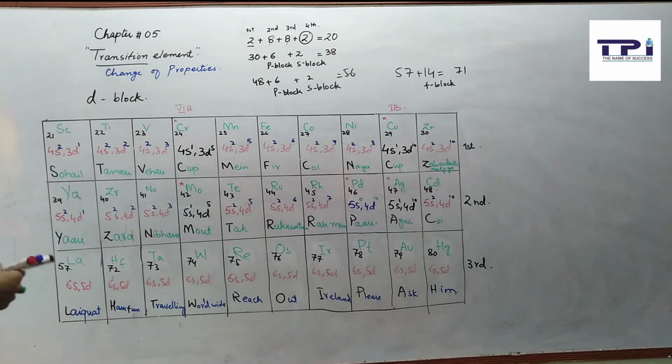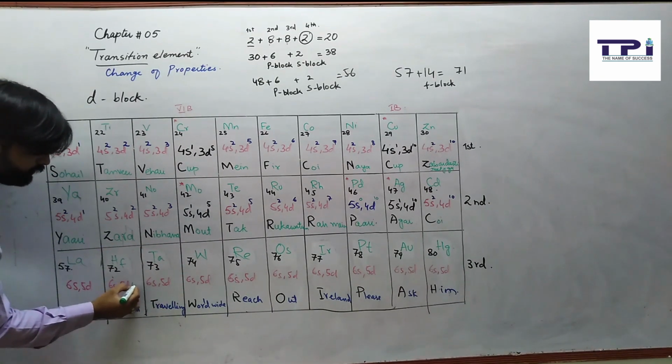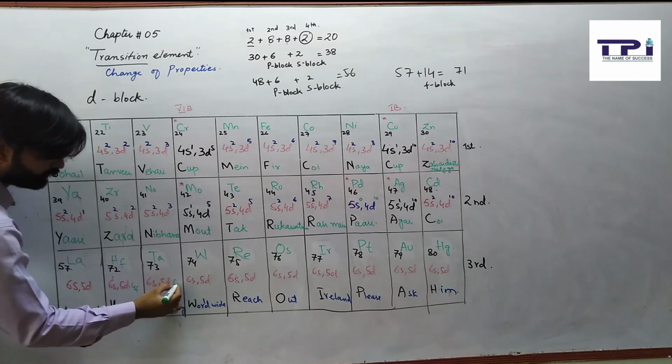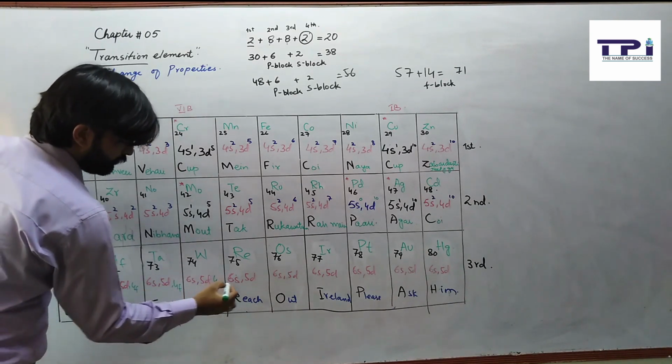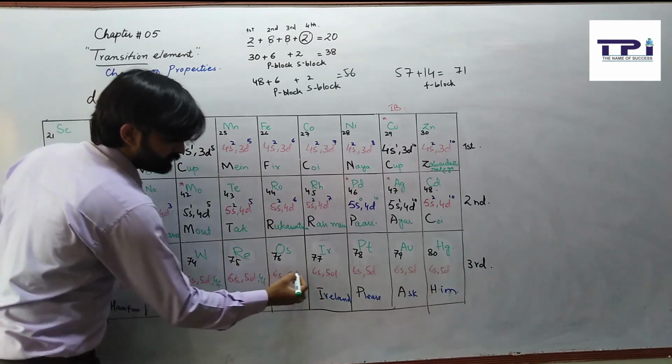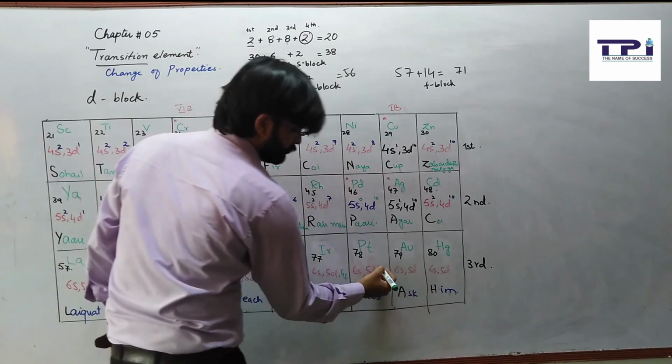And you have to memorize that after 72 you also have 4f.